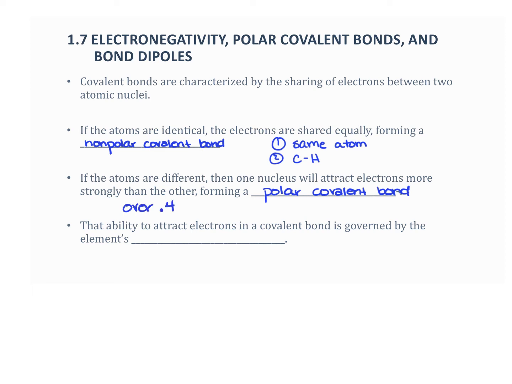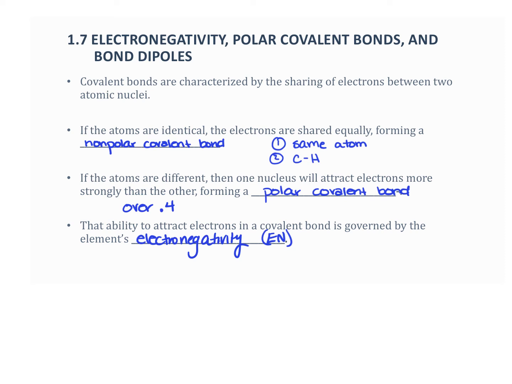So the ability for electrons in a covalent bond to attract, or the ability of an atom to attract, is governed by the element's electronegativity, which is represented with an EN. Okay, so that's how we're going to represent those.